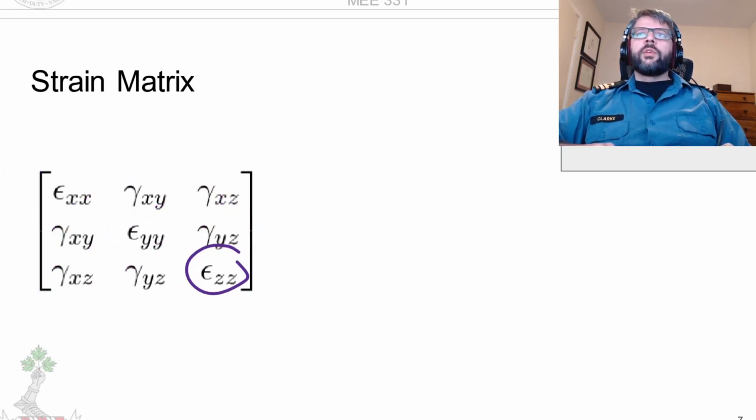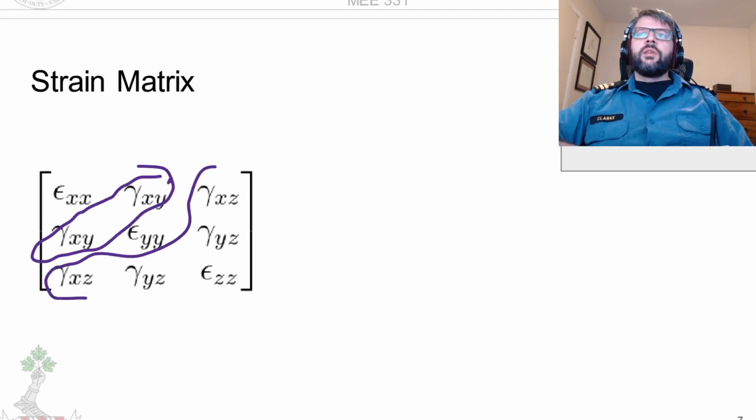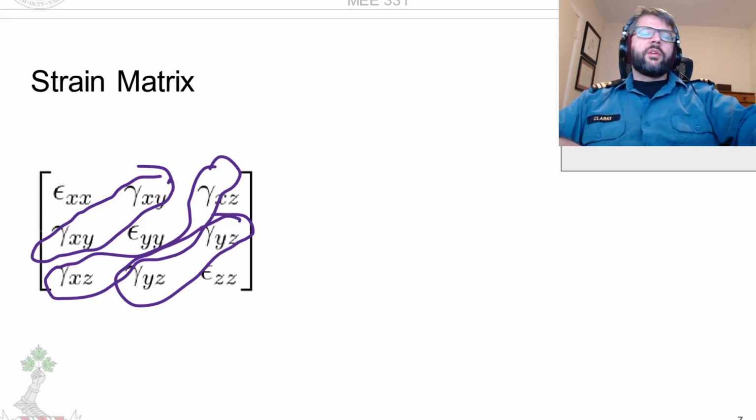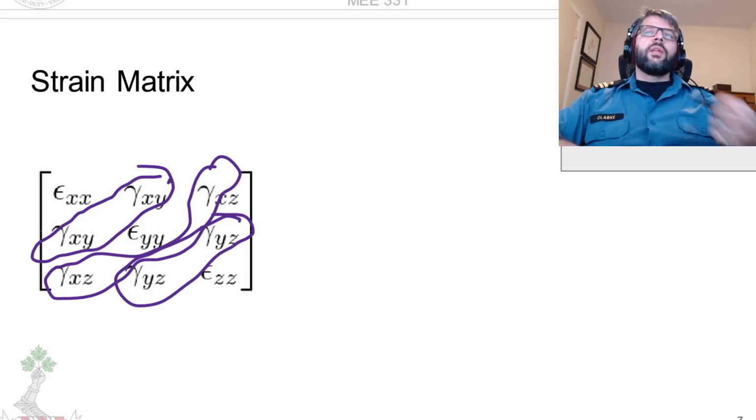Again, similar to what we saw with stress, the strain is a 3x3 matrix, but it's only 6 independent variables because these need to be the same, these need to be the same, and these need to be the same. That's the format that's going to be expected when you're asked to report the strain tensor.